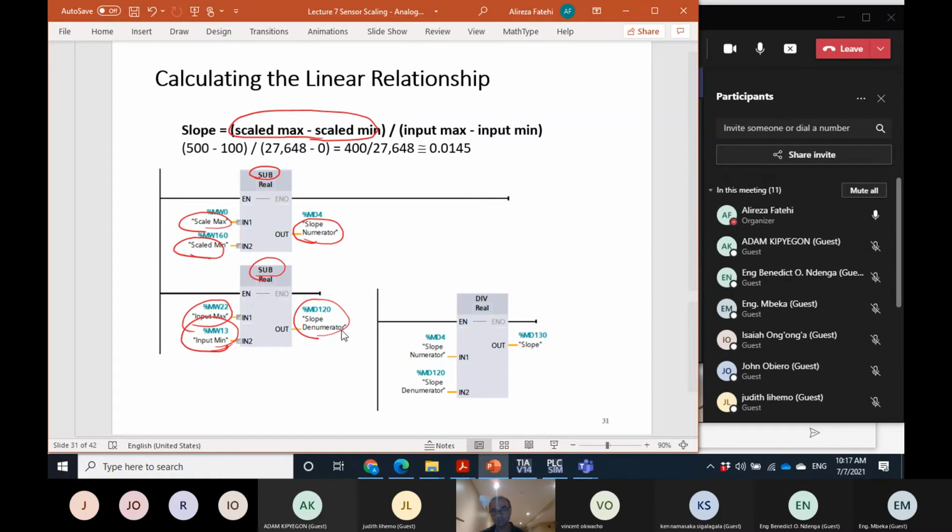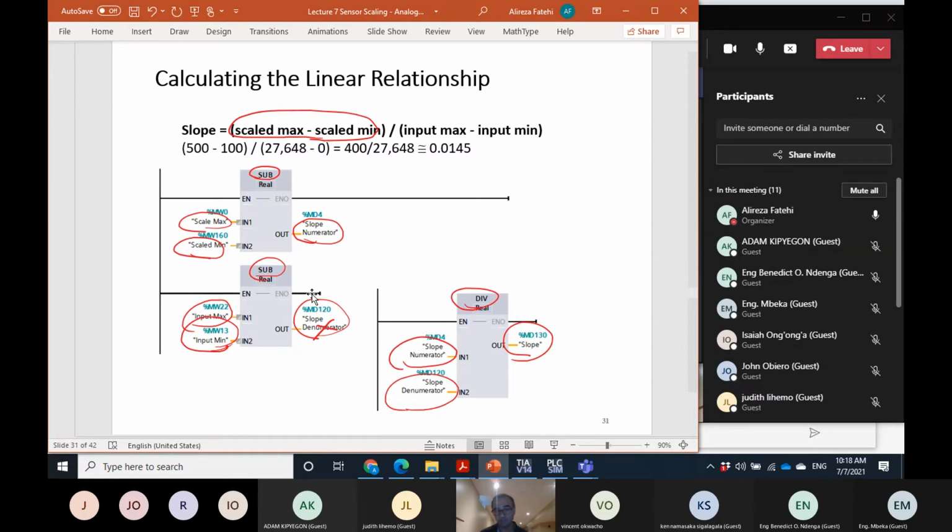Then divide that. Sorry, it's not correct, denominator, not the numerator. That's an error here. So slope numerator divided by slope denominator to have the slope division.